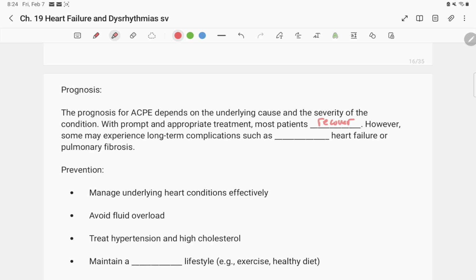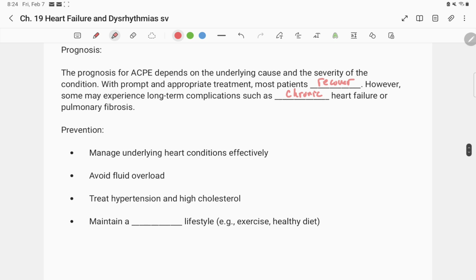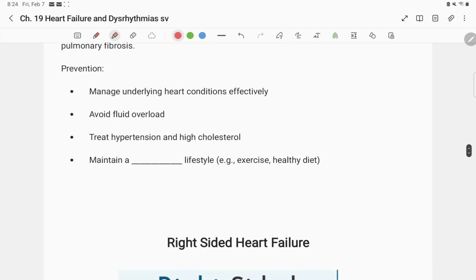However, some may experience long-term complications such as chronic heart failure or pulmonary fibrosis. So with prevention, manage underlying heart conditions effectively, avoid fluid overload, treat hypertension and high cholesterol, and maintain a healthy lifestyle. For example, exercise and healthy diet.